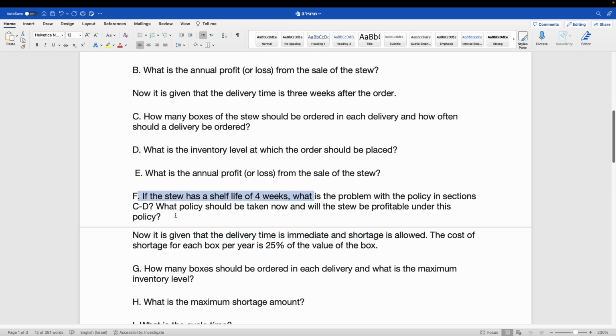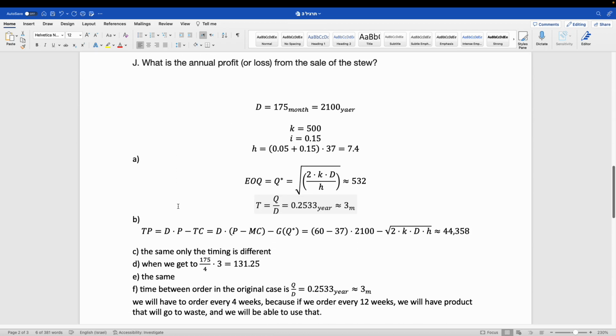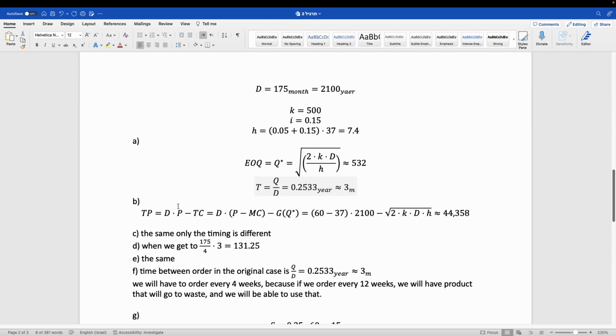Oh, sorry, I forgot this one. If a stew has a shelf life of 4 weeks, what is the problem with the policy in sections C and D? What policy should be taken now? And will the stew be profitable under this policy? The problem is that if the shelf life is 1 month, meaning when you take the order you have only 1 week to sell the stew, you will have to order only for 1 week.